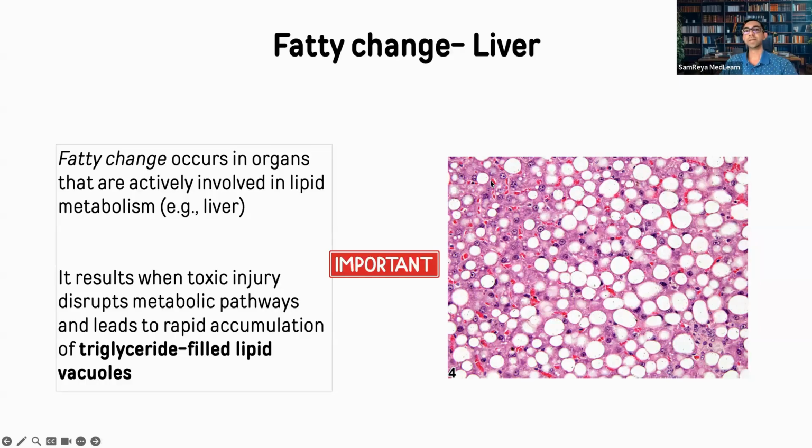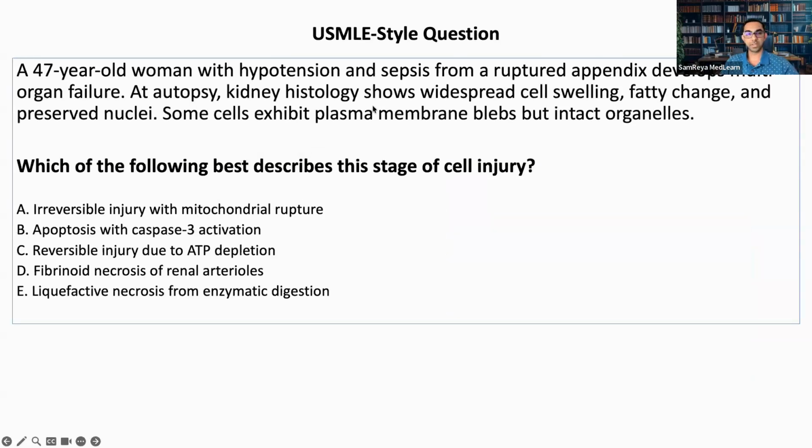I would want you to look at a question now. Let's read this question together. This is a 47-year-old with hypotension and sepsis from a ruptured appendix who develops multi-organ failure.